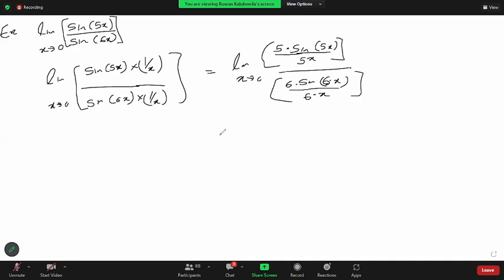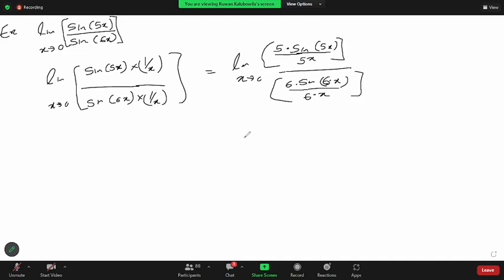Okay, now separate the limits. I will not write the limits for 5 and 6 that way, because we know when we take the limit of constants, the value is the same.